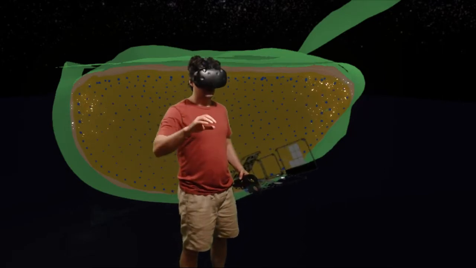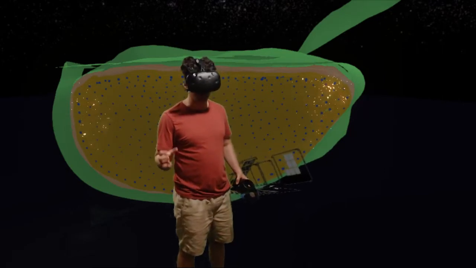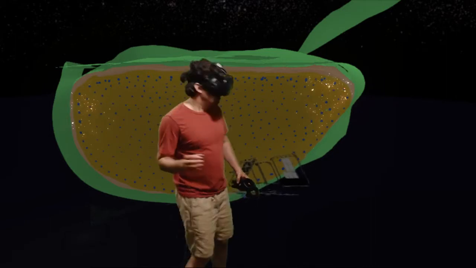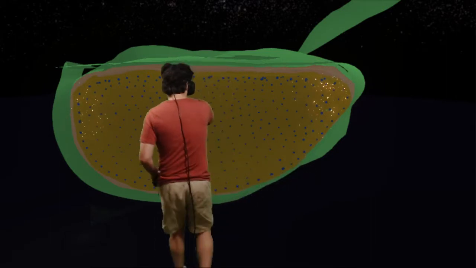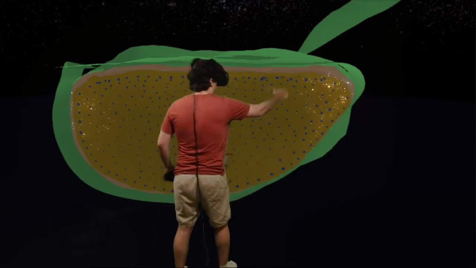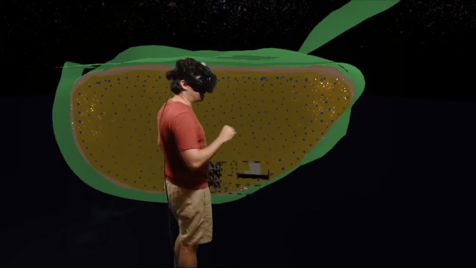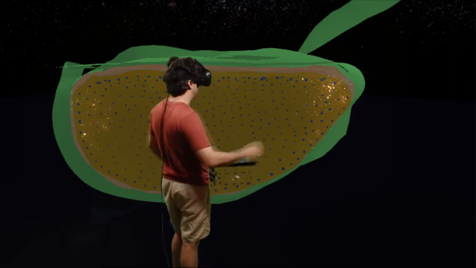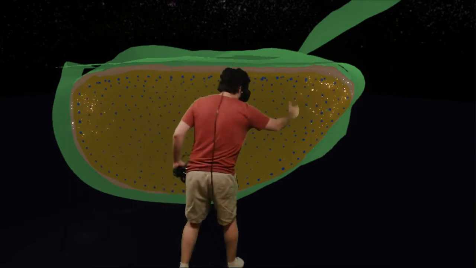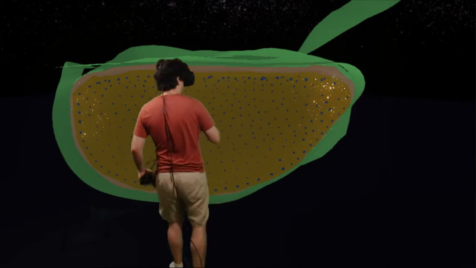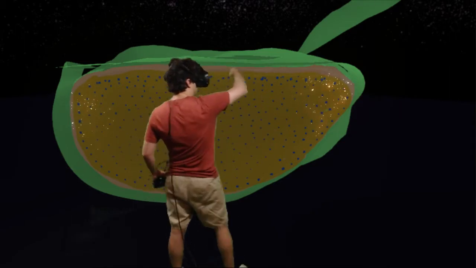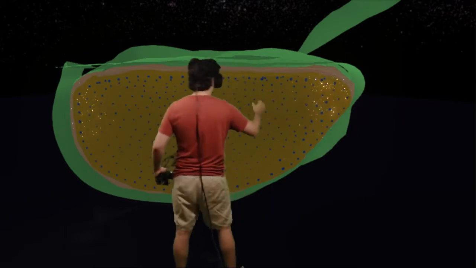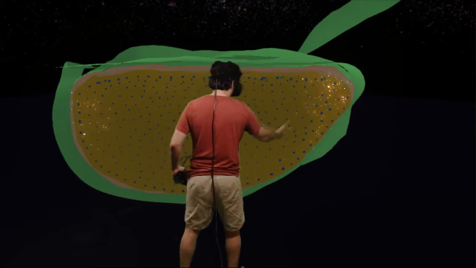Syncytial meaning same cell, because all of these nuclei, these blue nuclei, they're all occupying the same cytoplasmic space. It's a blastoderm because all of these cells now have arranged themselves onto a cell layer. So they're all in a layer on the periphery of the embryo, but they're all sharing the same cytoplasm.